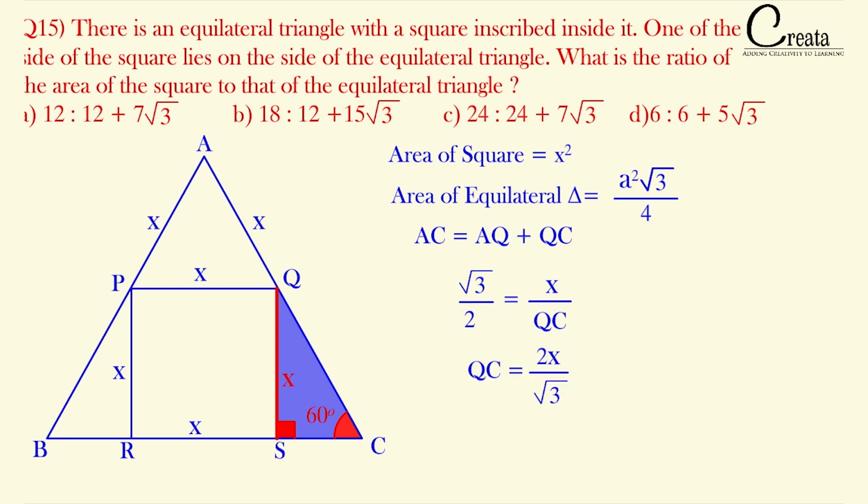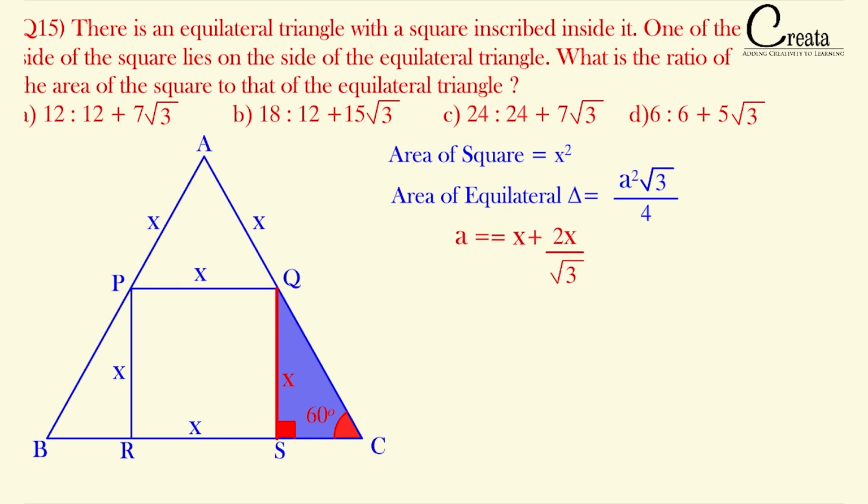Means now we can calculate the value of AC, which is equal to AQ plus QC. On putting the value, we got AC is equal to x plus 2x upon root 3. And AC is equal to a, that is the side of the triangle. Now we can calculate the area of the triangle, that is equal to a square root 3 upon 4.